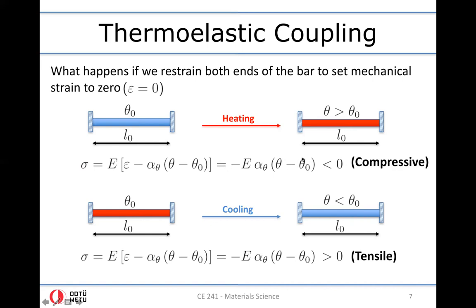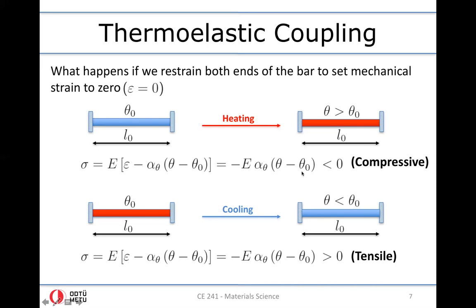When you increase the temperature, the material wants to expand, but since you hold it on the right end, you don't allow it to expand. Therefore, intuitively we expect that compressive stresses will develop, in other words, stresses that are compressing the bar in the longitudinal direction. That is theoretically represented by this formula. When you set epsilon to 0, you end up with the stress, which is proportional to a change in the temperature.